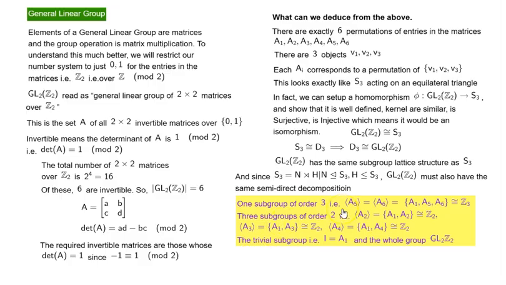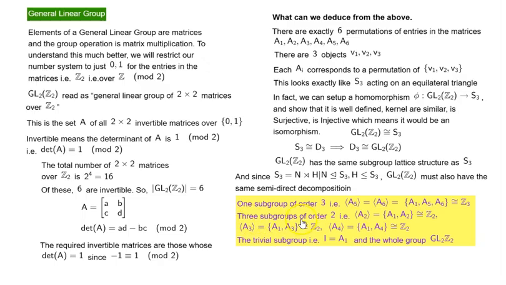So what do we have in GL2 over Z2? One subgroup of order 3, that is generated by either A5 or by A6, which gives us a normal subgroup containing A1, A5 and A6. And this is isomorphic to Z3.